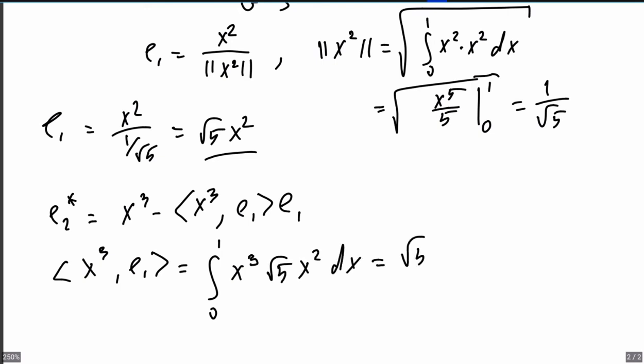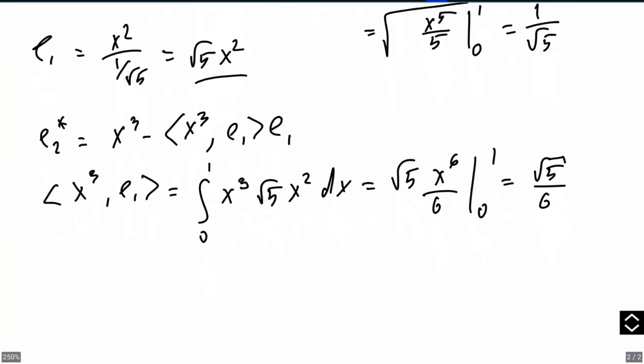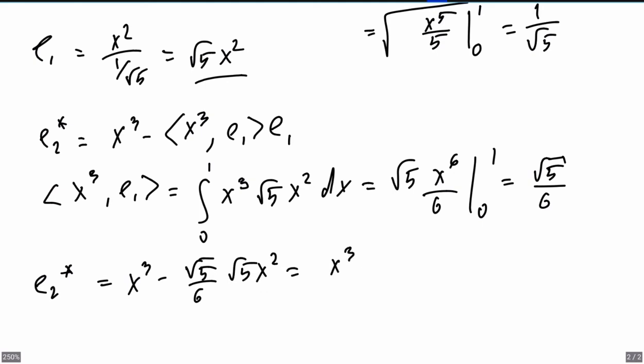That's square root of 5 times x to the 5, so this will be x to the 6 over 6 from 0 to 1, and that's square root of 5 over 6. With this, e2 star is x cubed minus square root of 5 over 6 times e1, that was another square root of 5 times x squared. So this is x cubed minus 5 over 6 x squared.